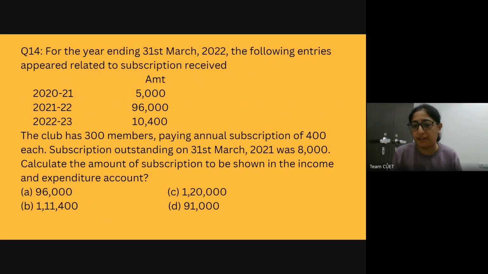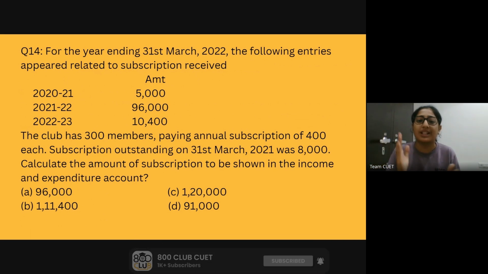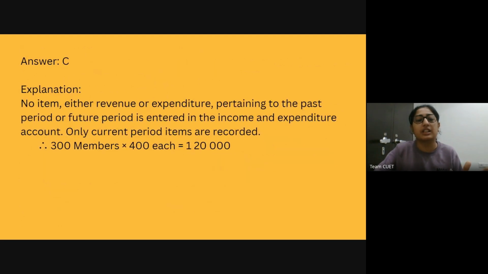If you are well aware of its nature, we record the transactions related to this year only, the current year. So the answer is very simple: there are 300 members who are paying an annual subscription of 400. So the total amount of subscription to be received this year is 300 into 400, that is 1,20,000. The answer to this question is C, right?